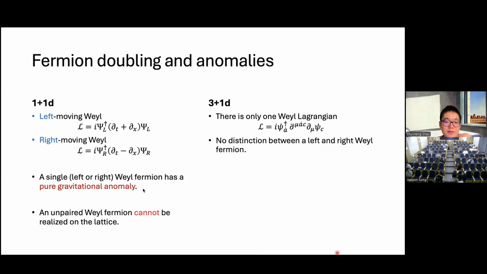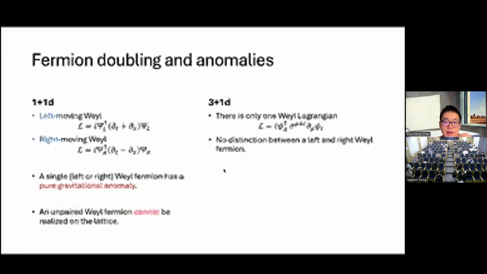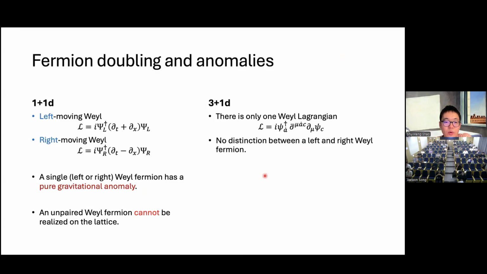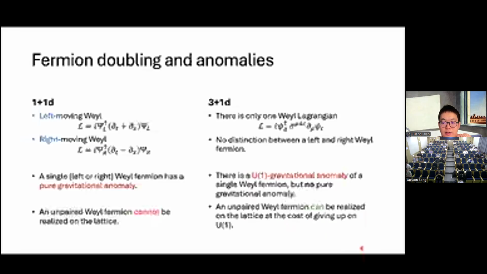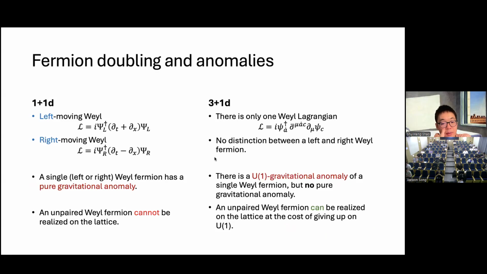So the statement of the fermion doubling problem only makes sense when you specify a global symmetry. Related to that, there's a U1 gravitational anomaly in the single Weyl fermion, but there's no pure gravitational anomaly. And that's why an unpaired Weyl fermion can be realized on the lattice at the cost of giving up the U1. And this has been known in the context of Weyl semimetals for some time in the condensed matter physics literature.